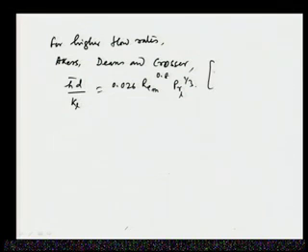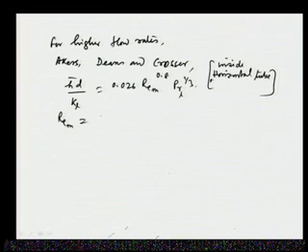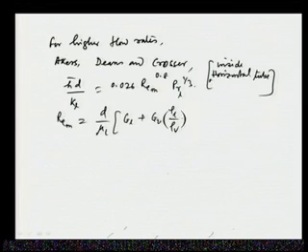This is for inside a horizontal tube. ReM is the mixed Reynolds number of the vapor and liquid mixture. It is given as D by mu_L times [G_L plus G_V times (rho_L by rho_V) to the power half].